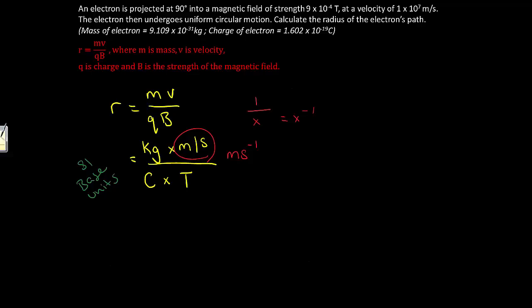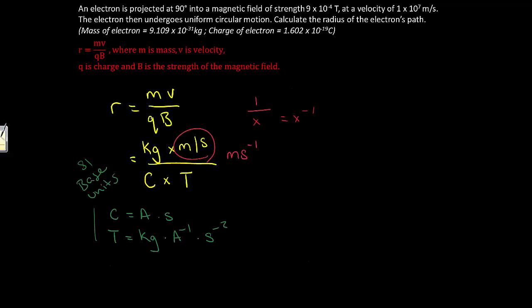Knowing this, we can re-express these in terms of those SI base units. So coulombs is the same as amperes times seconds, and Teslas is the same as kilograms times amperes to the negative 1 times seconds to the negative 2.